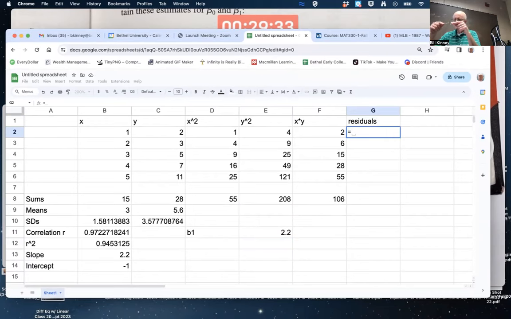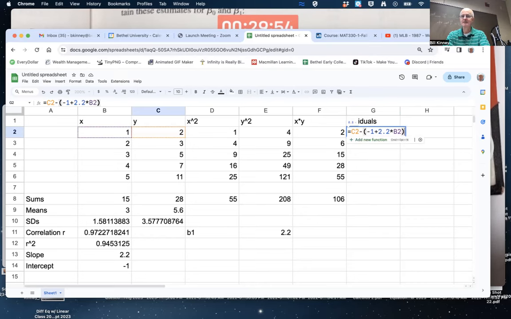Residuals are the errors. The errors are the actual values minus approximate values, alphabetical order, actual before approximate. Actual values are the actual y data values. Approximate values come from the regression line. Use parentheses here, the intercept, -1, plus the slope times the x value, like this. That's going to be the first residual.